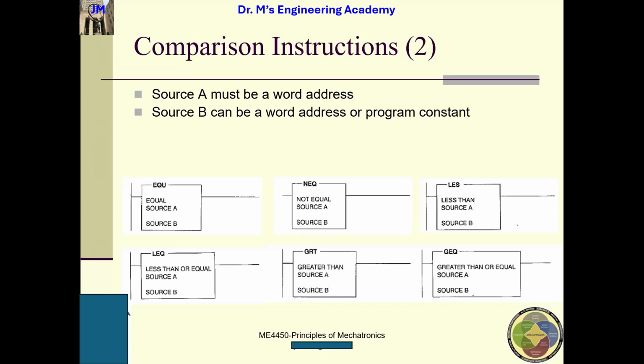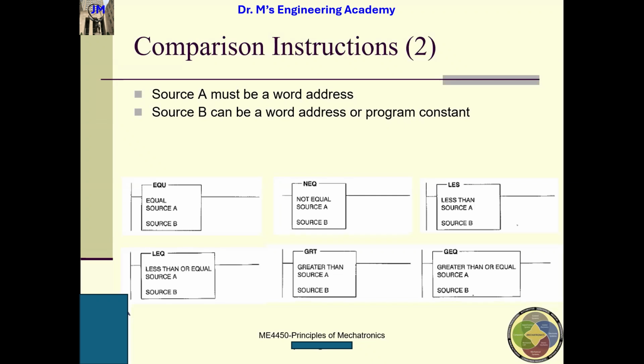Every instruction of these six has two arguments: source A, source B, source A, source B, source A, source B. In a high-level programming language, we call these arguments. You guys agree?